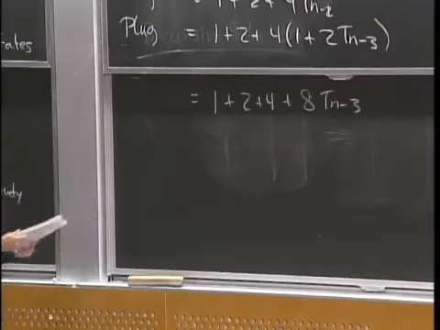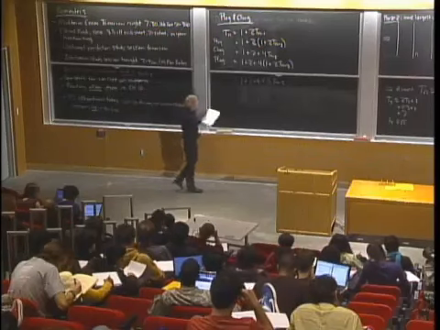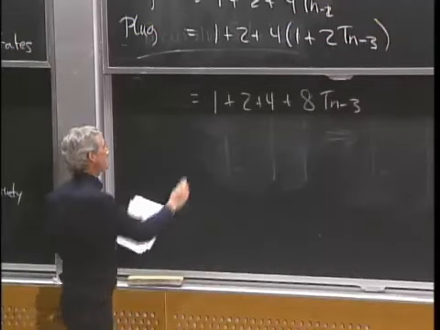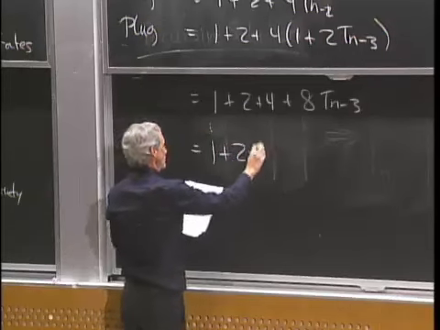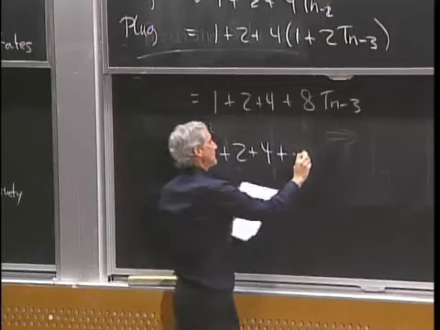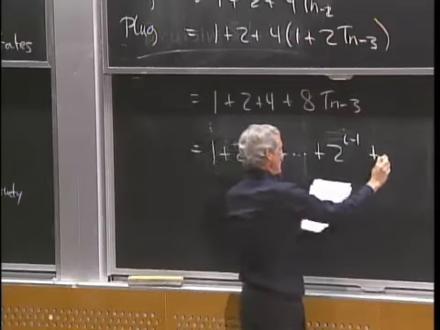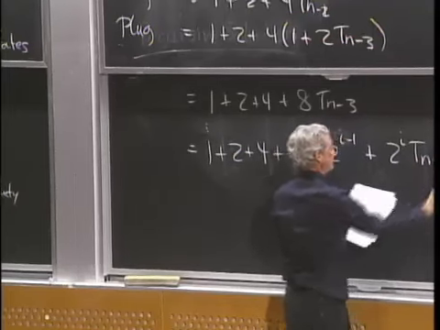All right, and now we're going to try to observe the pattern we're getting. So there's a little bit of a guess going on in this context still. But you see the pattern. We got powers of 2. Pretty easy pattern. So you might say, if I keep on doing this, I'm going to get 1 plus 2 plus 4 plus dot, dot, dot, plus 2 to the i minus 1 plus 2 to the i Tn minus i.